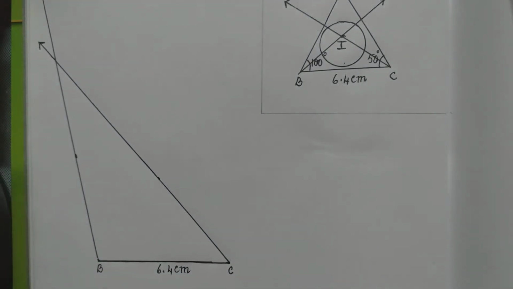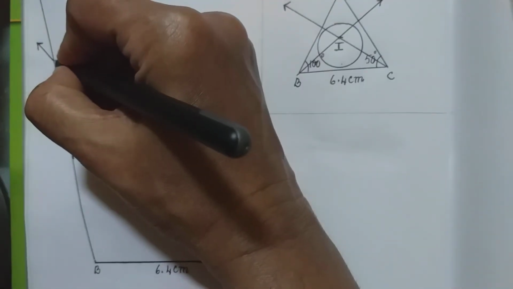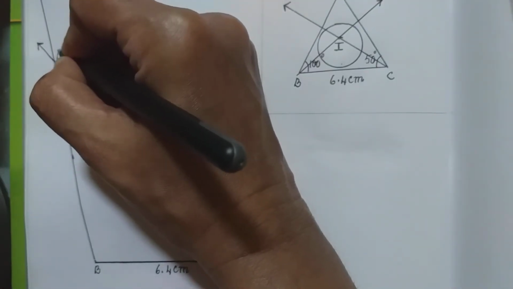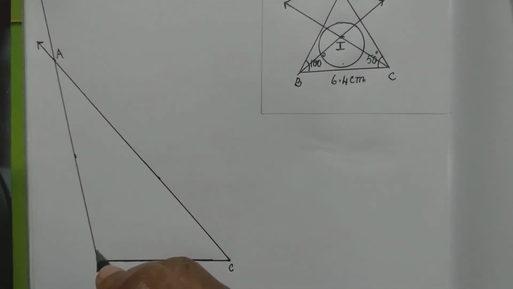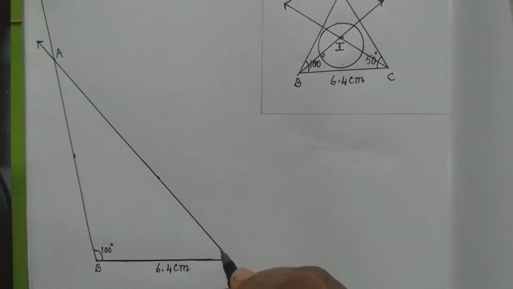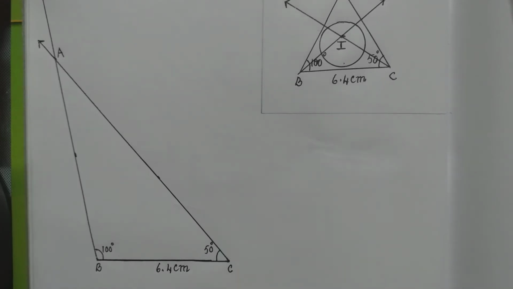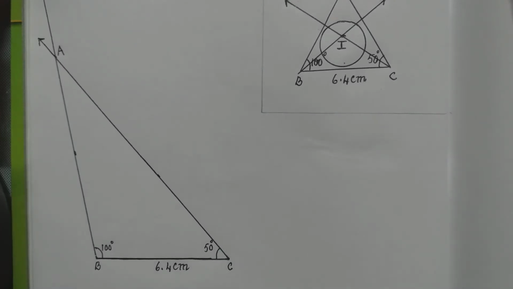Okay, so now we mark the third vertex here, that is the vertex A. This angle B was 100 degrees, so I write here 100 degrees. This angle was 50 degrees, so I have written this. Now the construction of the triangle is complete.